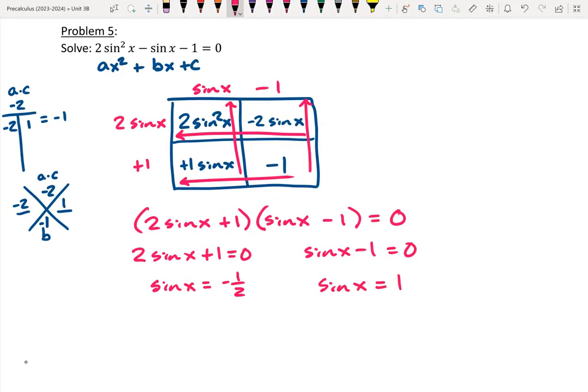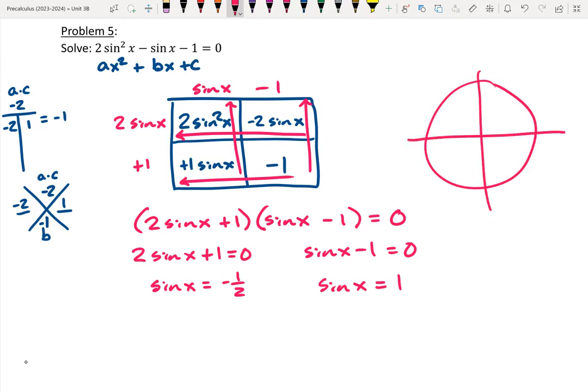And so then on the unit circle, you have to figure out where sine is equal to negative 1/2 and positive 1. And that happens up at pi over 2 and over at 7 pi over 6 and 11 pi over 6.